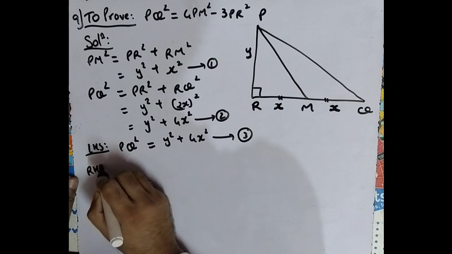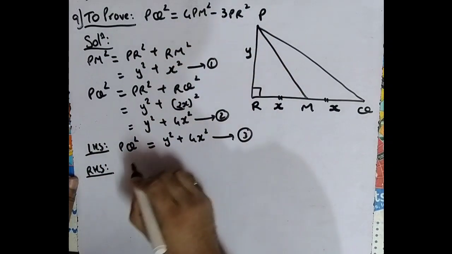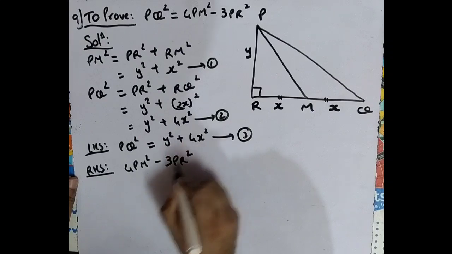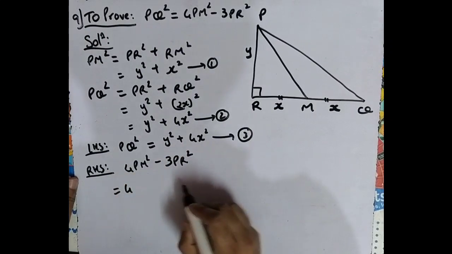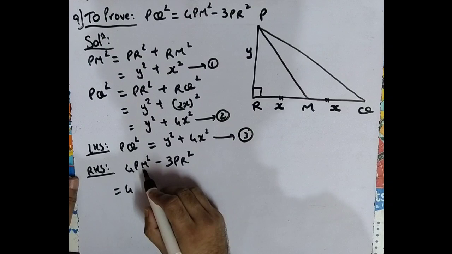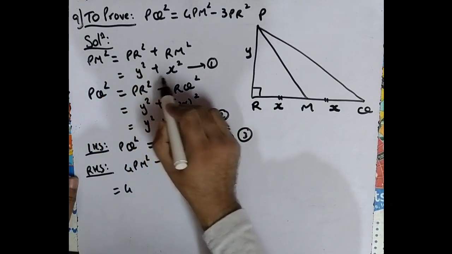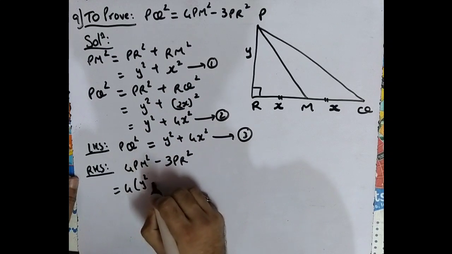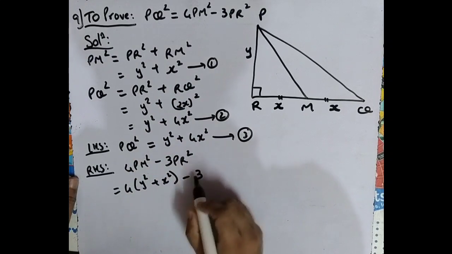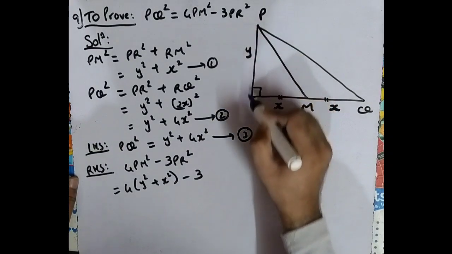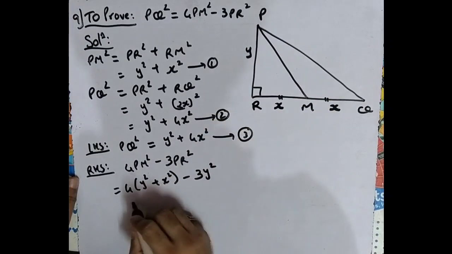Now let us solve RHS. RHS we have 4PM square minus 3PR square. In the place of PM square, we will substitute statement number 1, which says PM square is equal to Y square plus X square. And here in place of PR square we write Y square.